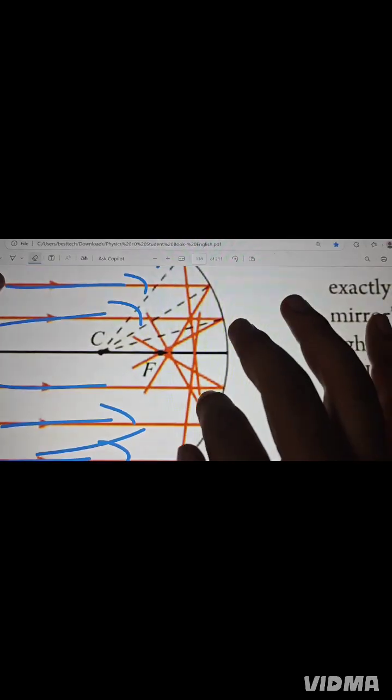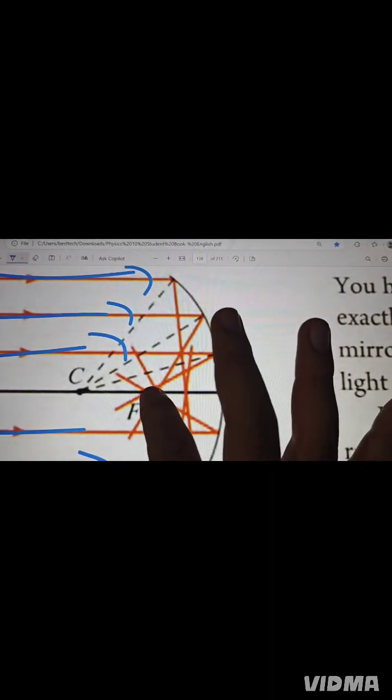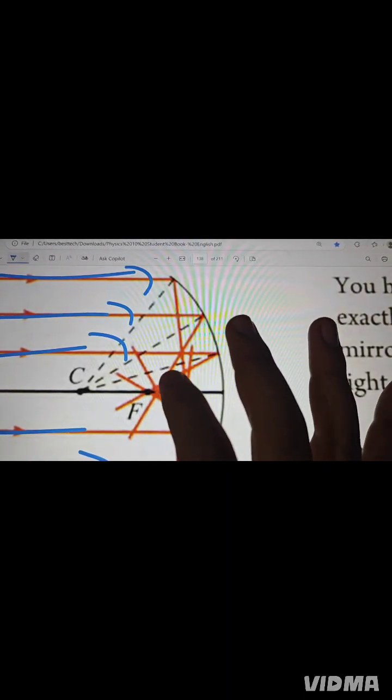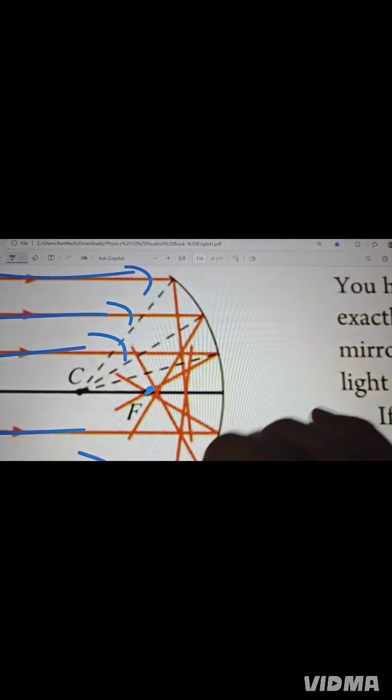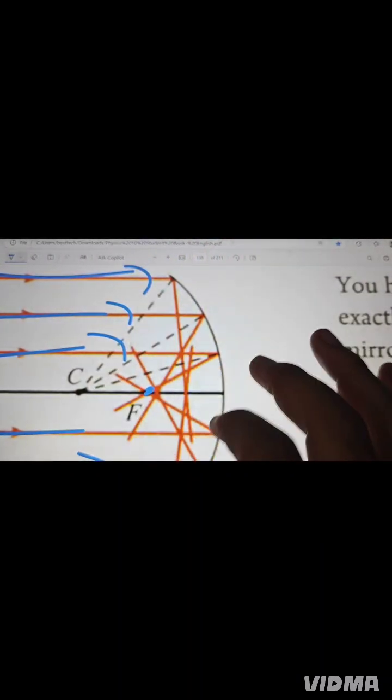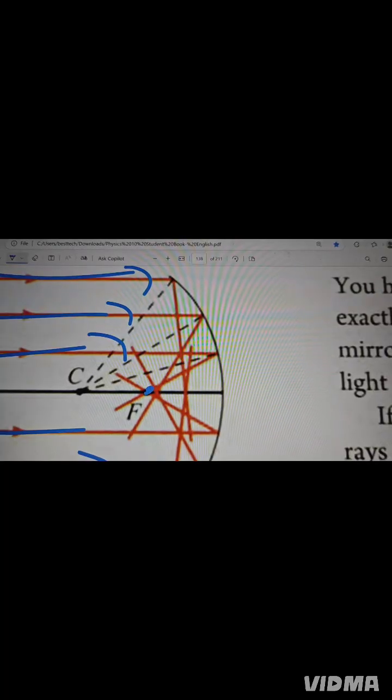After reflecting, we see that the light is not passing through the same point. The light has to pass through the same point, which is the focal point in here, but they are not passing through it.